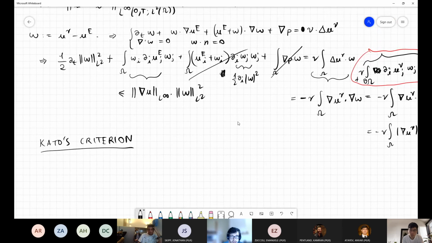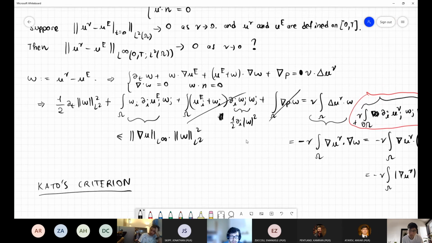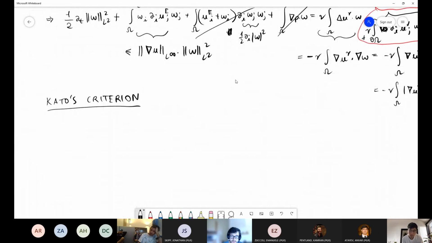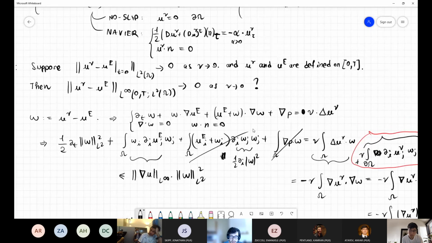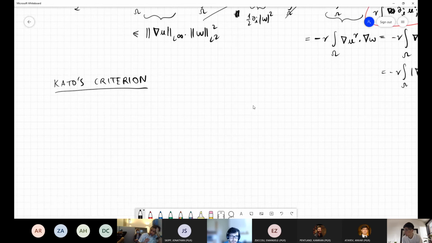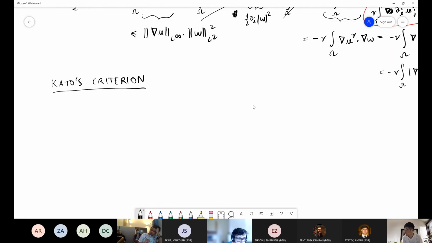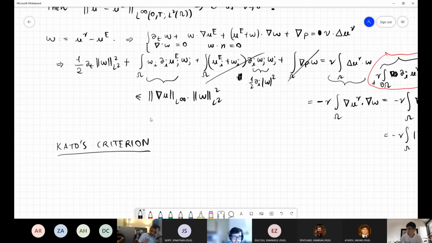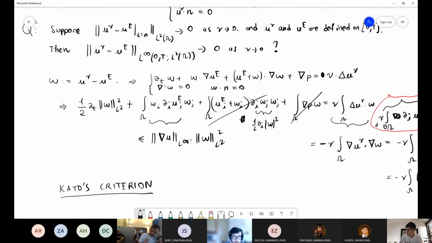What this criterion says is that it doesn't provide an answer to the question, but it provides an equivalence with another statement. We are still in the same assumptions that we were considering previously.